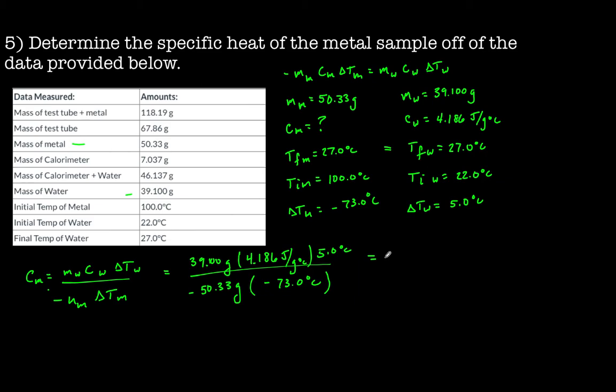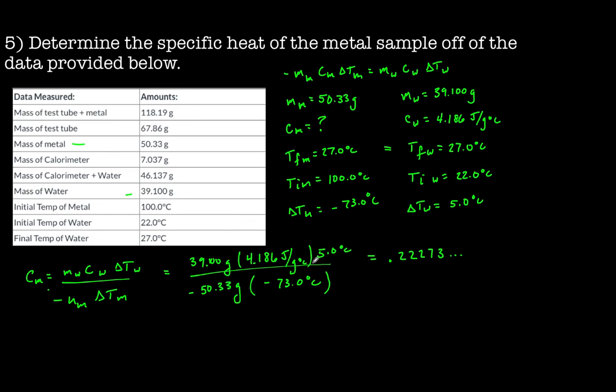39.100 times 4.186 times 5.0 divided by negative 50.33 times 73.0, close parentheses, and I get a 0.22 numbers. So let's try and figure out our accuracy, our sig figs.